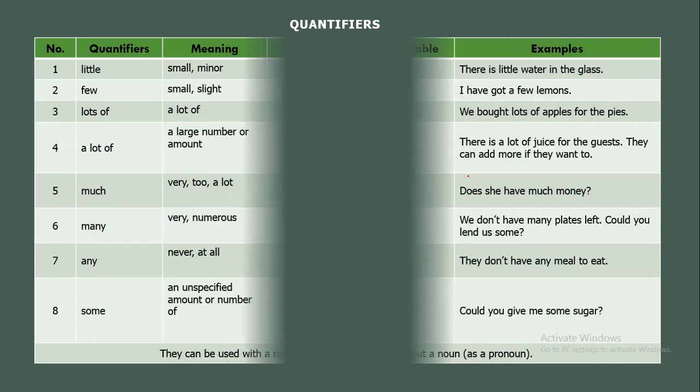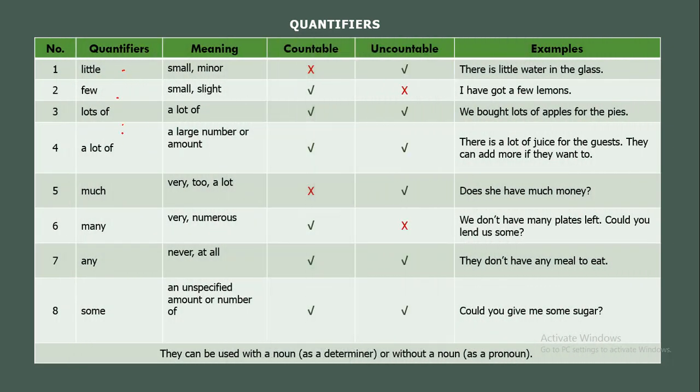Okay, now let's see the other one. Now we are learning about the quantifiers. I have provided 8 quantifiers here: little, few, lots of. Little and few, actually, are the same in meaning, but little is used with uncountable nouns and few is used with countable nouns. So if I say I have little water in the glass, I cannot say there is few water in the glass, because water is uncountable, so I must use little.